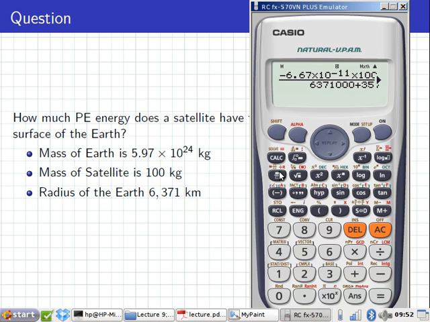Big or small number? Let us see. Quite a large negative number. That's Newton, right? No, this is potential energy, so that's joules. What's after mega? Giga. About a gigajoule.